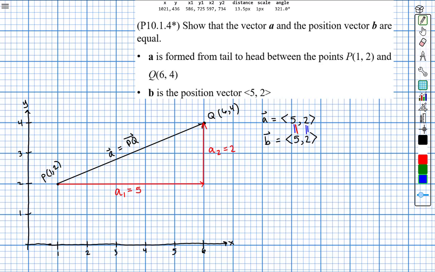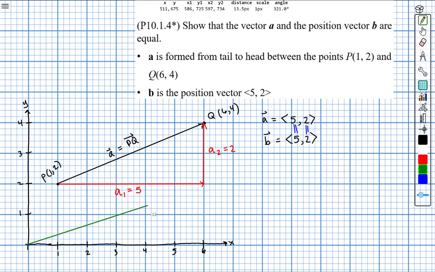Now let's sketch vector B just for good measure. So we know vector B has components 5, 2. Let's start at the origin.